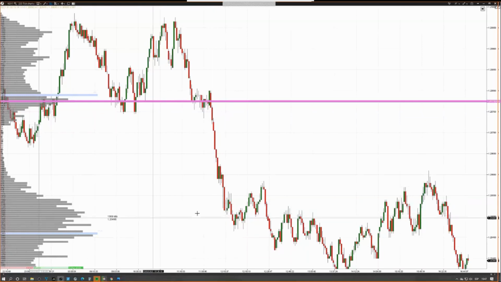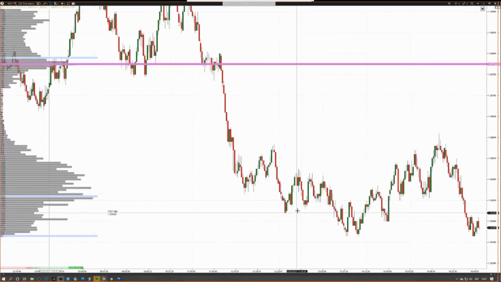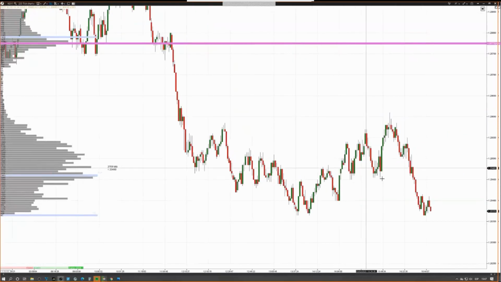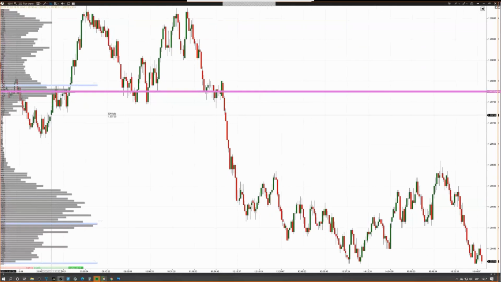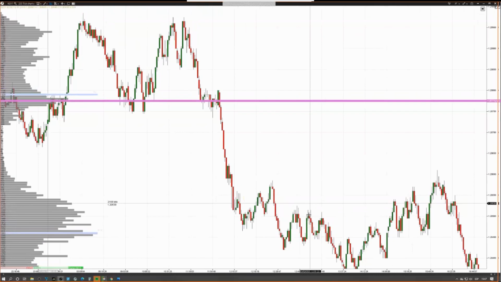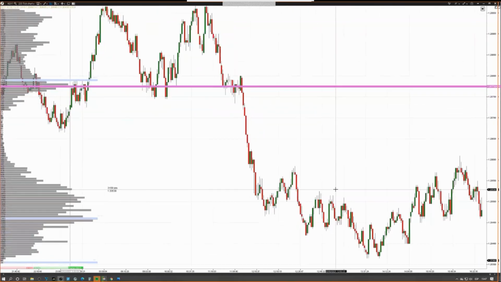You can see volume again, right? A lot of volume, because in this area is the point of control, which is the most traded price of the day. So you will find some resistance here, all right? You will find that the price started again to rotate, all right? So when there is no volume, price moves pretty fast. When there is a lot of volume, then you will find some resistance, right? That's very basic, and that's something you can use for your trading.